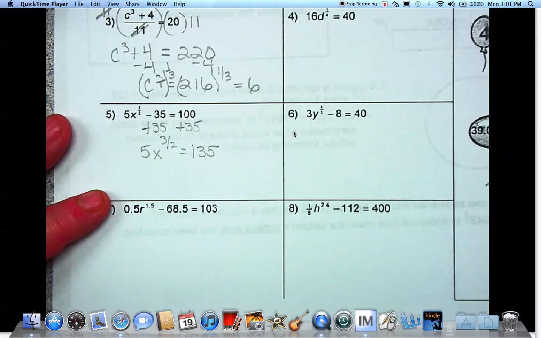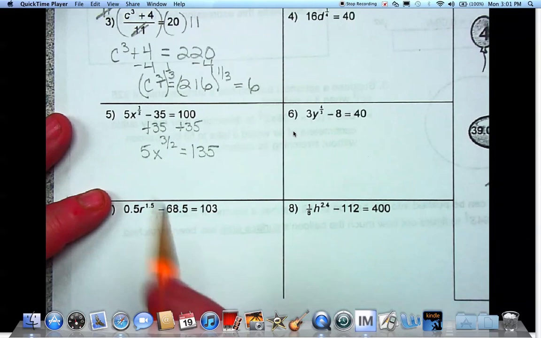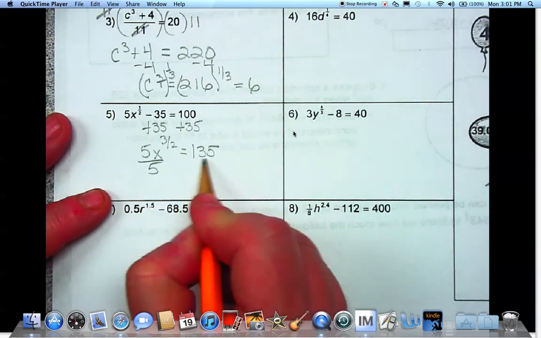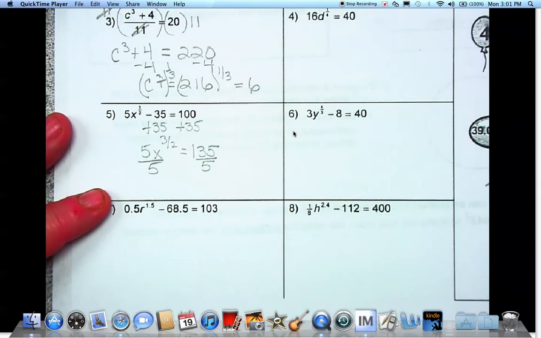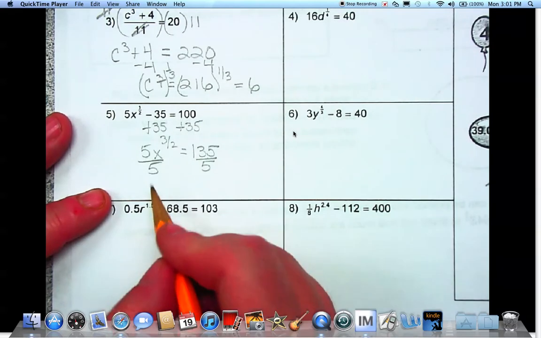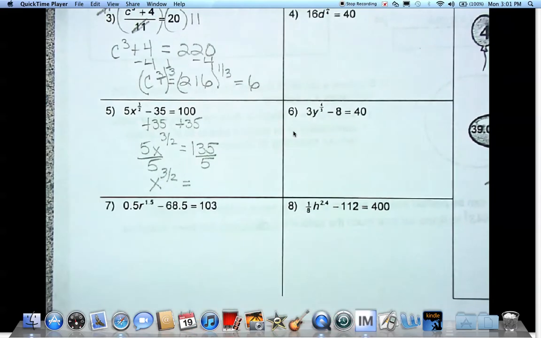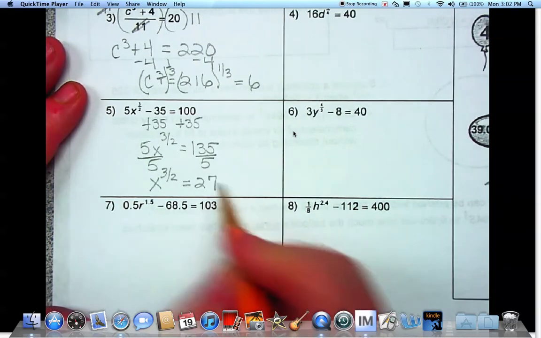All right, Carter, what's next? Would you divide by 5? Yep, you want to get that x and the exponent by itself, so we've got to get rid of the 5. So x to the 3/2 equals 135 divided by 5, 27.